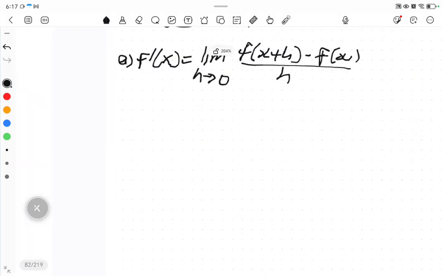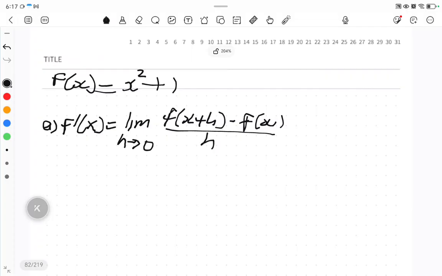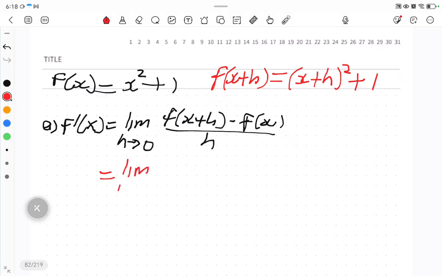All right, that means that using this equation we need f of x plus h, then we need f of x. You see, f of x we already have it, so here I can write f of x plus h. In other words, wherever there's x, I'm going to replace it with x plus h. So I'm going to write x plus h squared plus 1. So this would be the limit as h approaches 0 of x plus h squared plus 1.